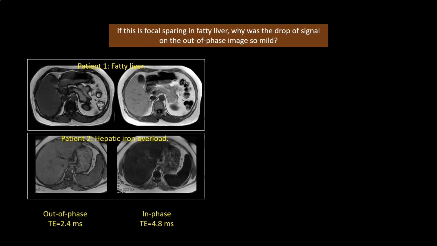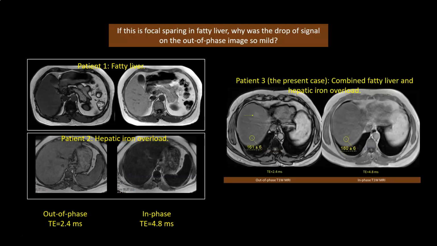Now, suppose we have iron overload and fatty liver within the same patient. The fatty liver will decrease the signal intensity on the out-of-phase images, and the iron overload will decrease it on the in-phase images. And this is probably what happened here in our patient.